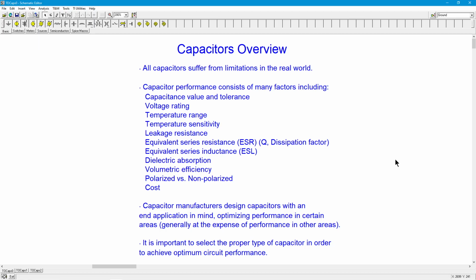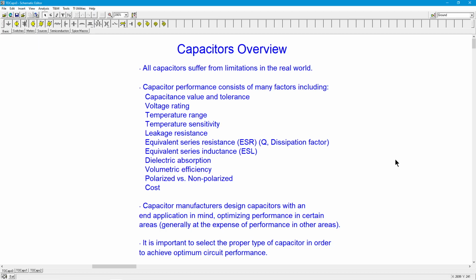And that will limit, partly, things like the frequency response of the capacitor, the range of frequencies that we can use this over. This is associated with the Q of the capacitor, or something called dissipation factor. If you're looking at a high current power application, that equivalent series resistance has a power dissipation associated with it.